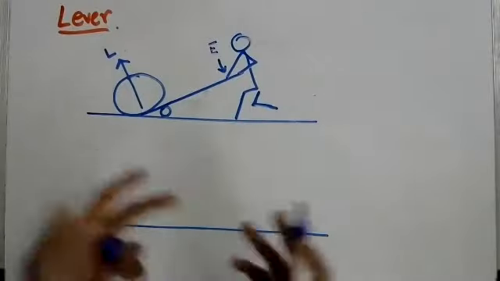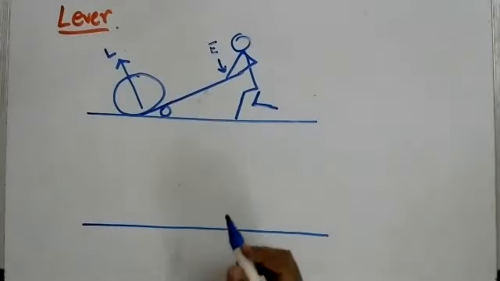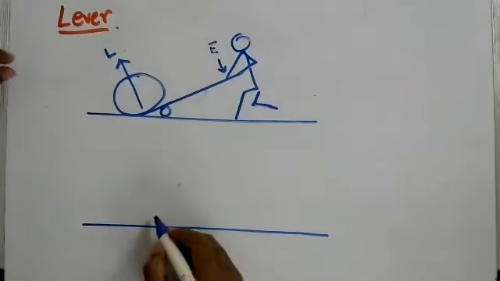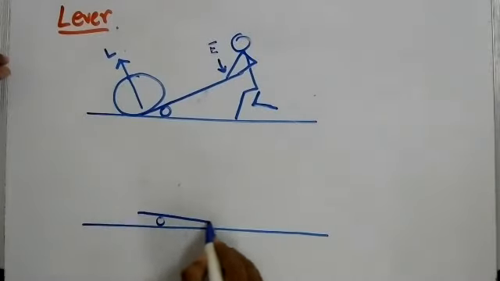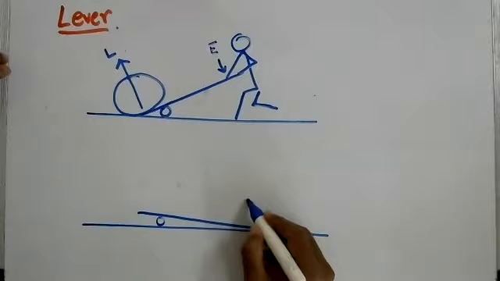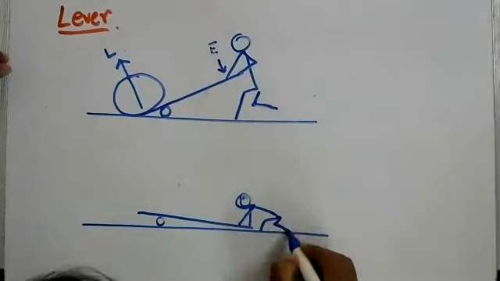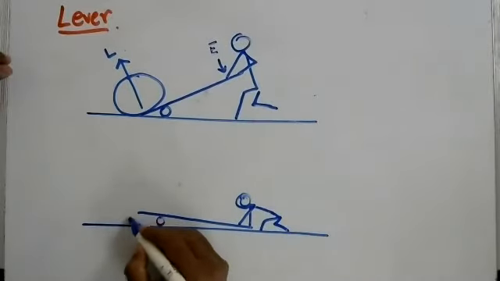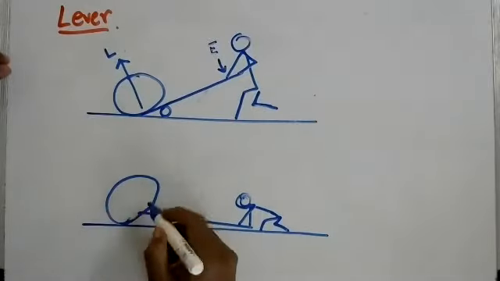Where is the work done over here? I can see that there is an effort and there is a load that is there, but how can you talk in terms of work done? Can you explain that part? Does this diagram help you to explain that?